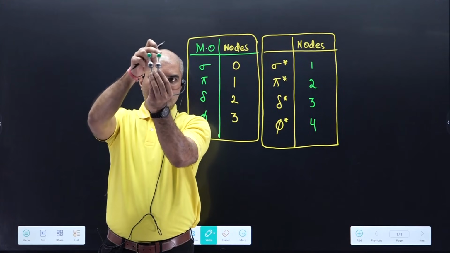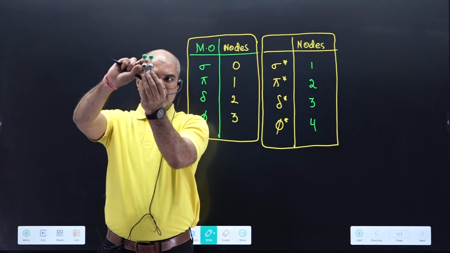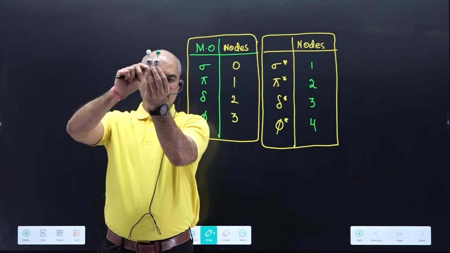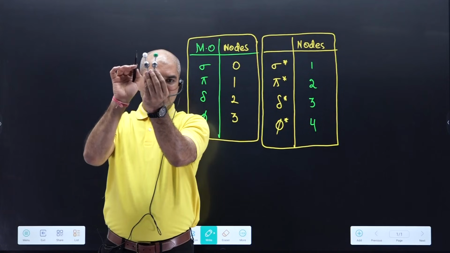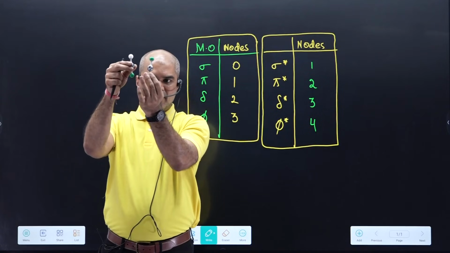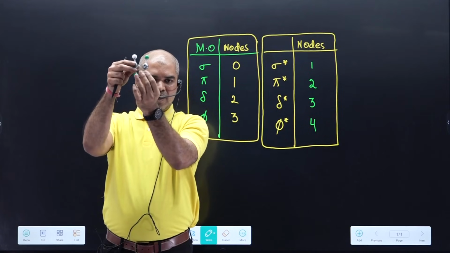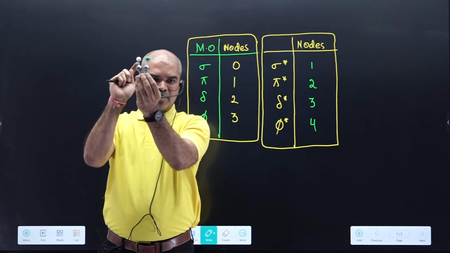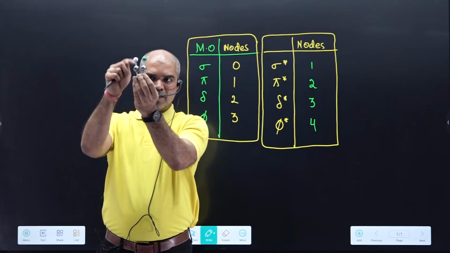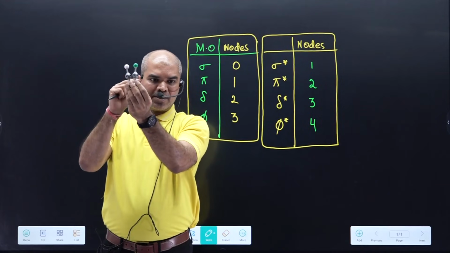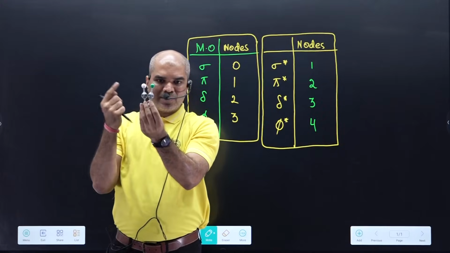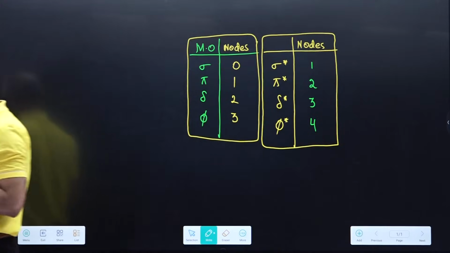Plus plus, minus minus, no node. But if the combination is like this, then here there is a node, here there is a node. Two nodes. This is pi star. Pi star combination will be like this. Plus minus, minus plus, anti-bonding. So always one node will increase.